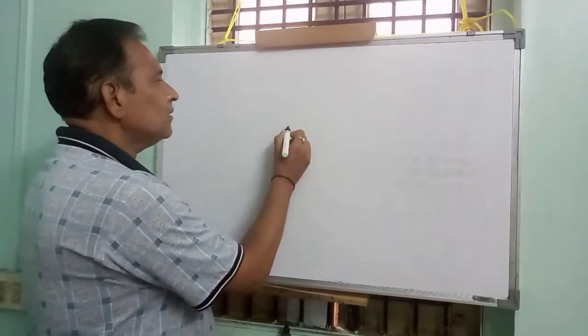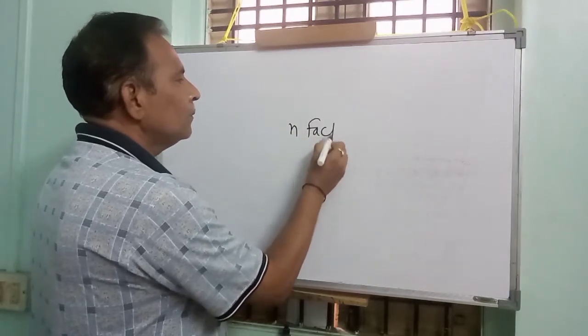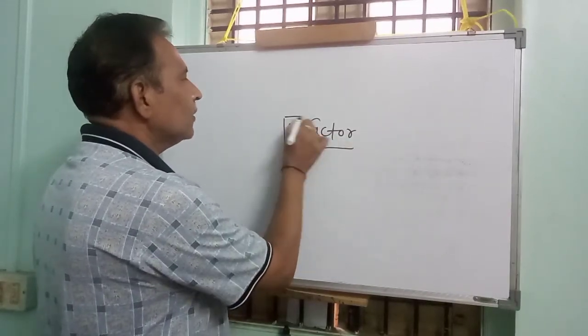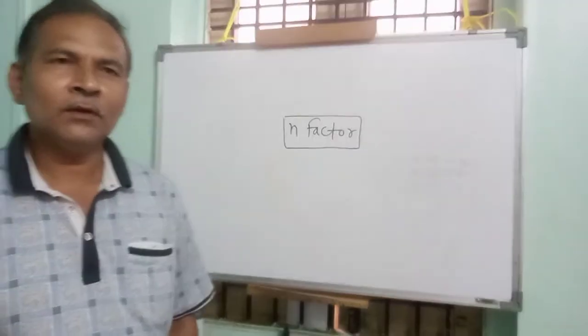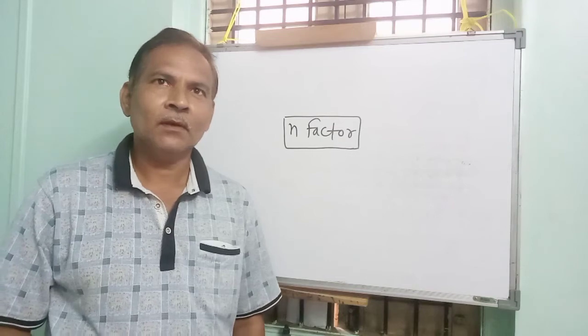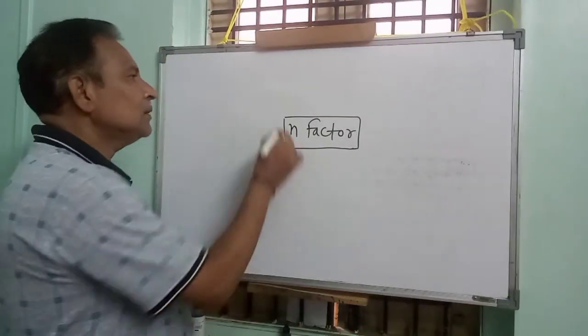This n factor was a very important concept, and we have seen it for elements, then for non-redox reactions, then for redox reactions. Some points are still to be covered.